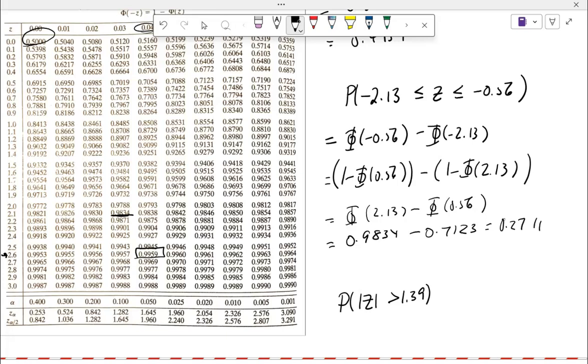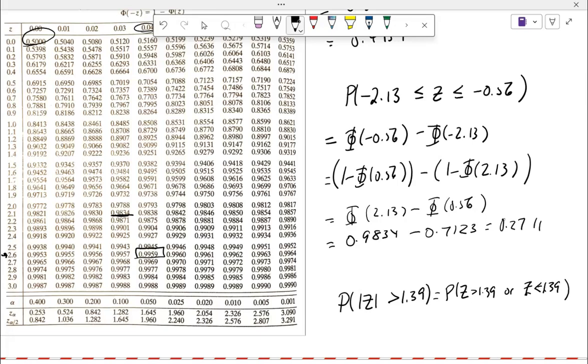Well, how does your absolute value get greater than 1.39? Good. And yeah, the important part was the or part, right? Either it's bigger than 1.39 or less than the negative, right?